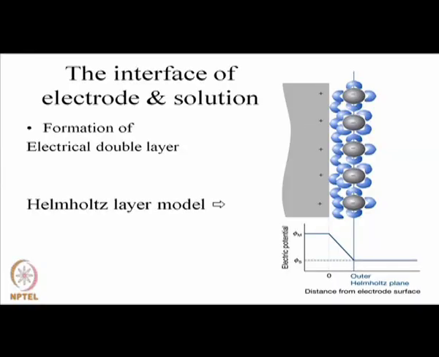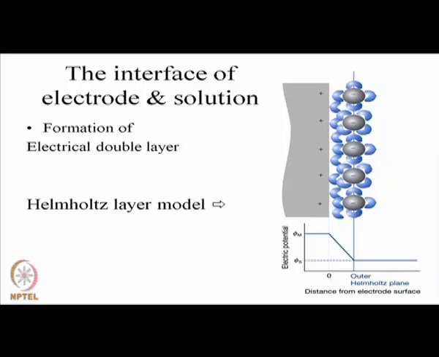Now, when you dip an electrode, a metal piece, say platinum, in an aqueous solution of some electrolyte, let us look at what is happening at the interface of electrode and solution. There is formation of an electrical double layer. Electrical double layer is like this: you have the metal part and the solution side, and this is the interface between the metal and the solution.